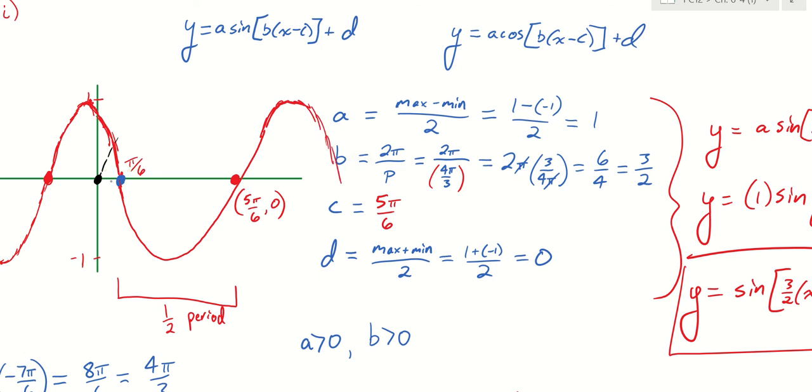For sine, to figure out the phase shift, we wanted to know how far this graph would have been shifted to the right to find its regular starting point at 0, 0. And for the cosine graph, we would want to know how far this has been shifted to the right to get to its regular starting point at 0, 1. So you would just use a different reference for the phase shift there. So that's how you do it for cosine.